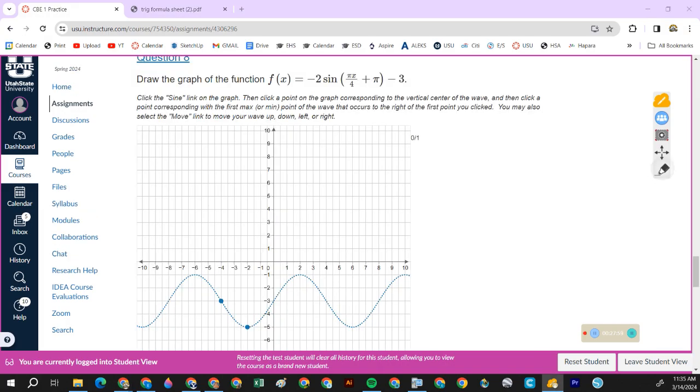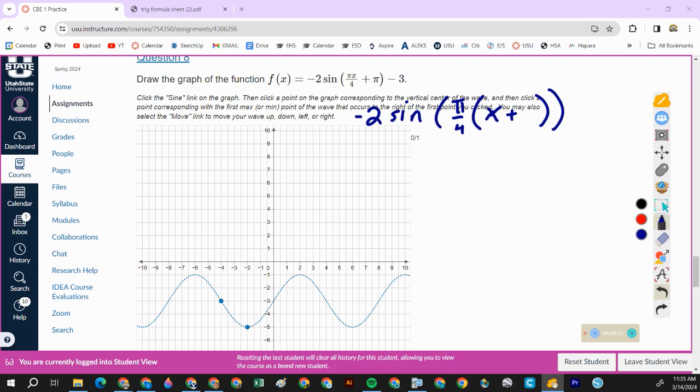Okay. So -2 sine of, I'm going to pull out a pi over 4, and this is the tricky part. What goes there? Well, let's call that number h. h is equal to what?